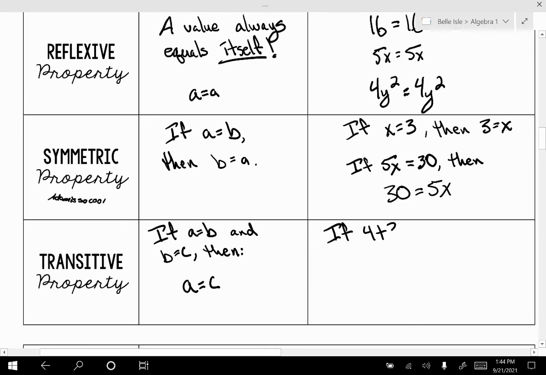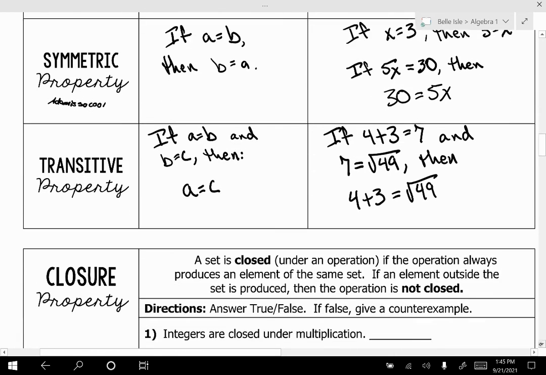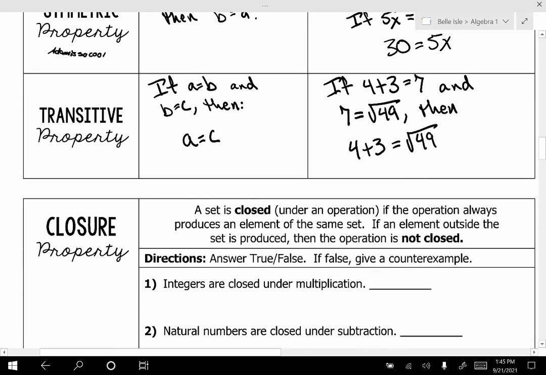If 4 plus 3 equals 7, and 7 equals the square root of 49, then 4 plus 3 equals what? Equals the square root of 49.